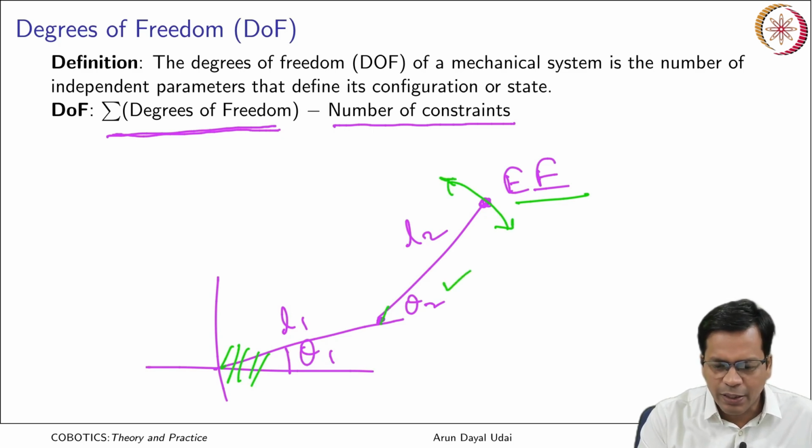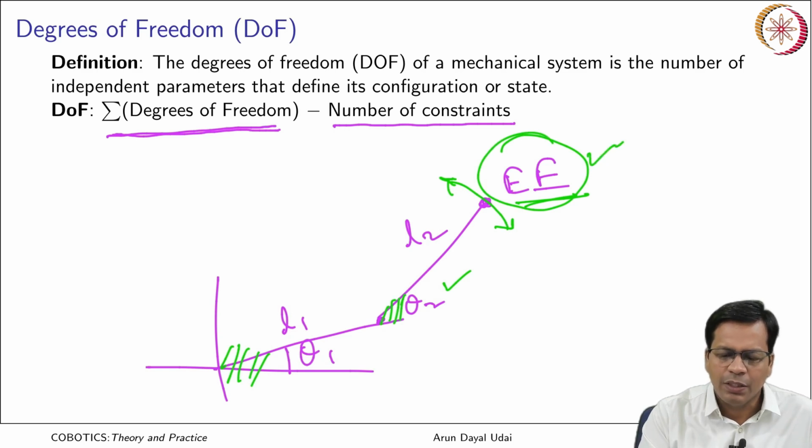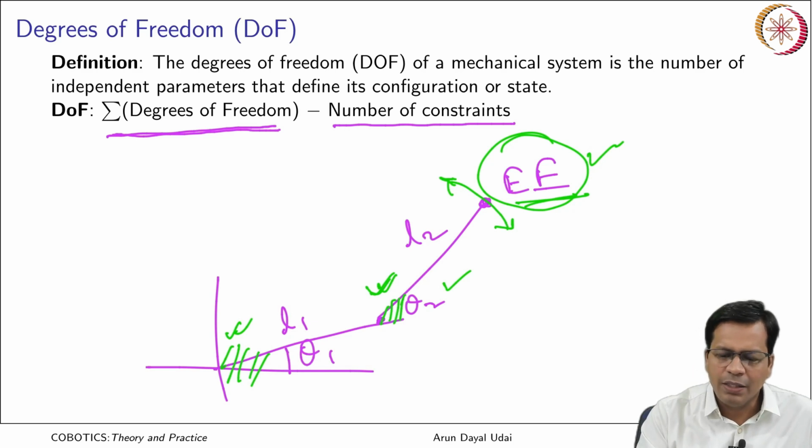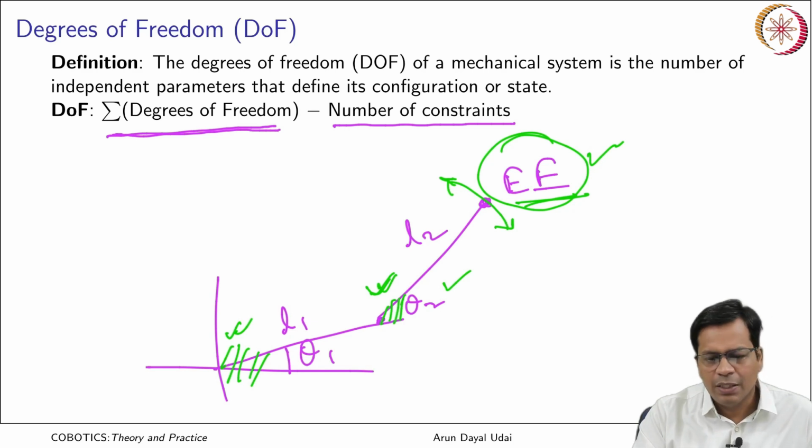If I again weld the second joint fully, then the end effector is fully constrained. That means to constrain the end effector, you need to constrain all the joints. So the number of independent constraints you need to put to fully constrain the end effector, or fully define the pose of the robot, is what becomes the degrees of freedom of a particular machine, robot or mechanism.